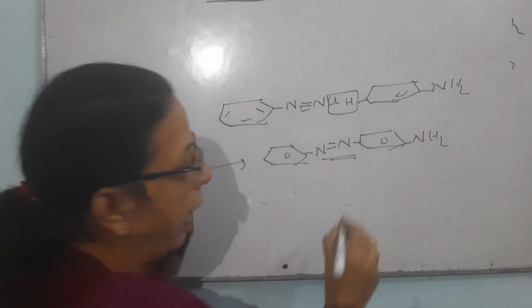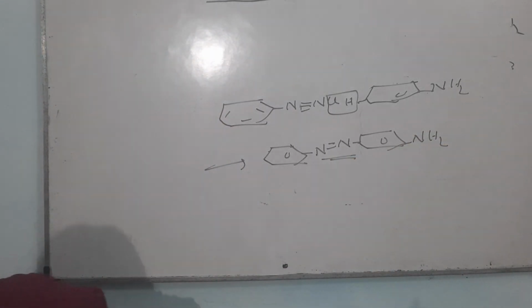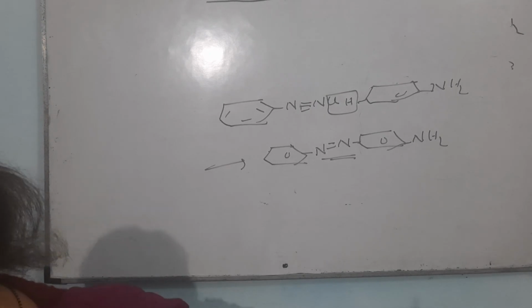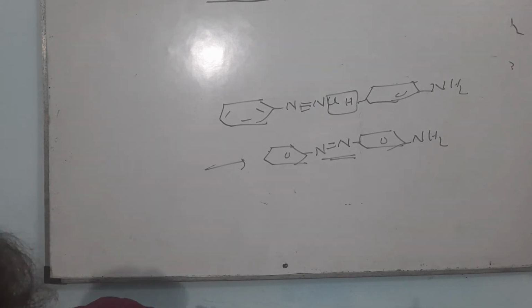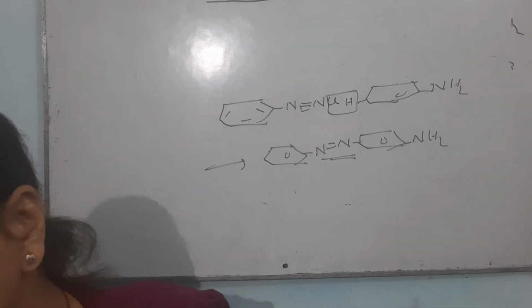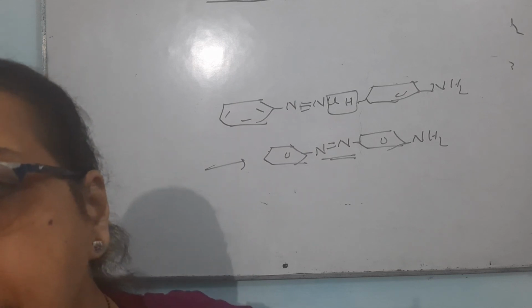This N double bond N is known by the name of azo group, and this is para amino azo benzene. This is known by the name of para amino azo benzene, and it is a yellow dye.